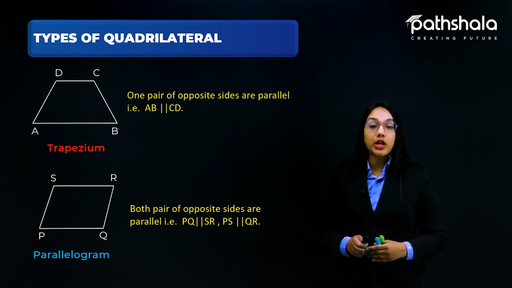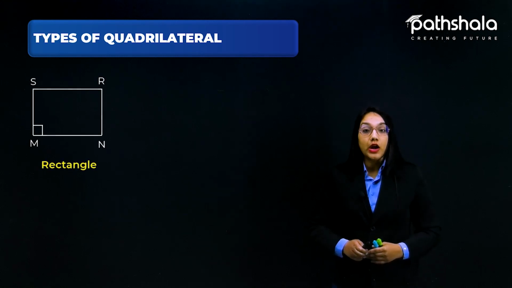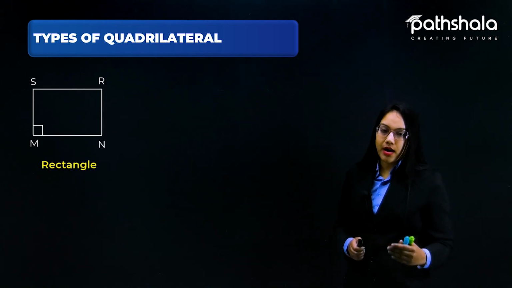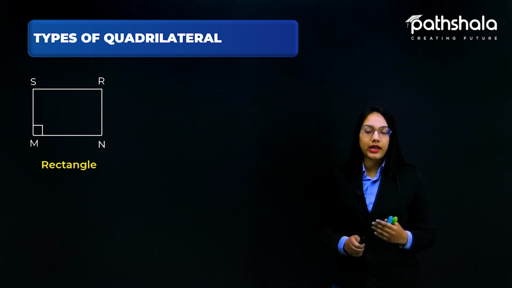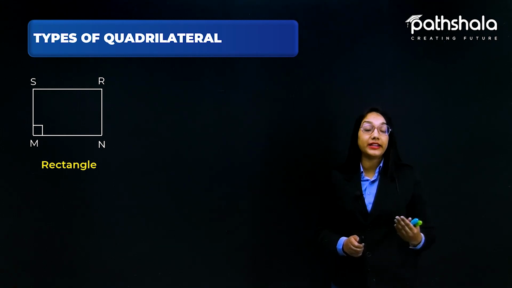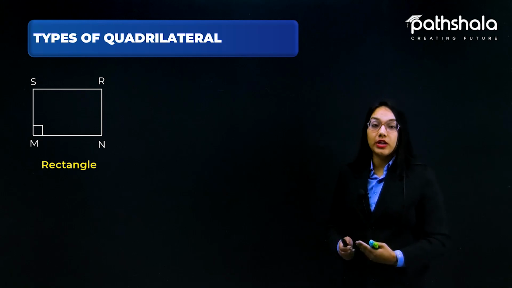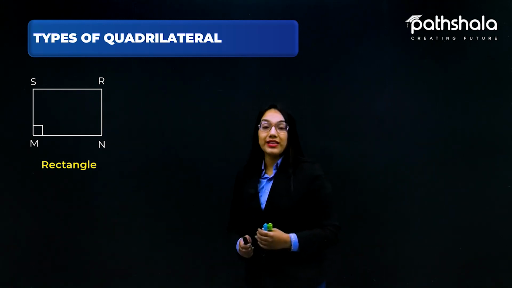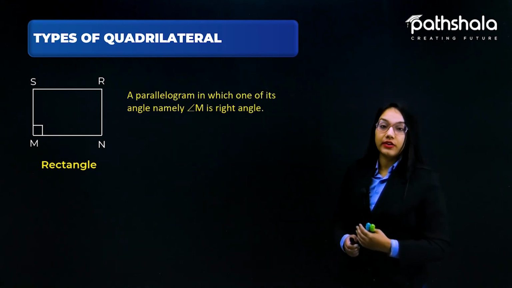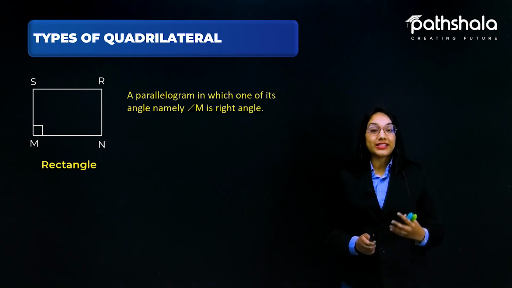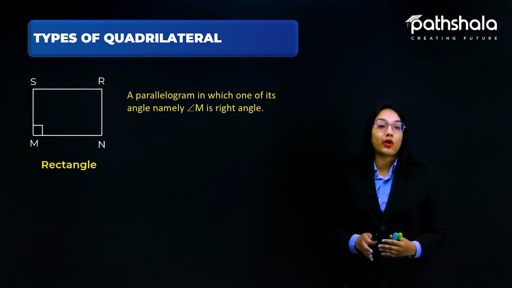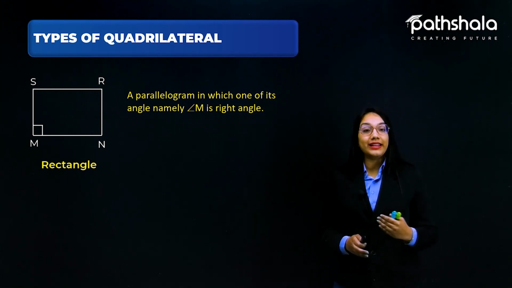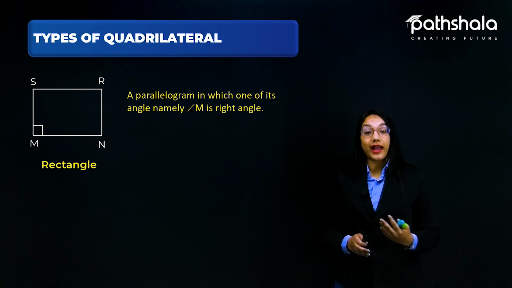Now let's talk about another type of quadrilateral which can be obtained, MNRS, such that angle M over here is 90 degrees. Such a type of quadrilateral has a name, which is called a rectangle. So you can see that it is a parallelogram in which one of its angles, namely angle M, is a right angle.